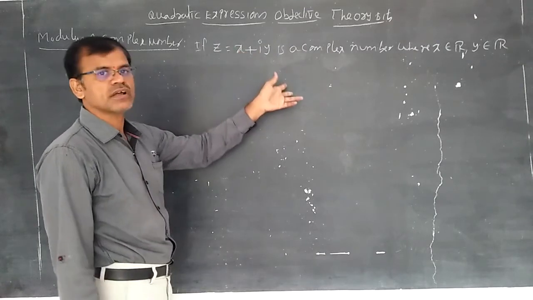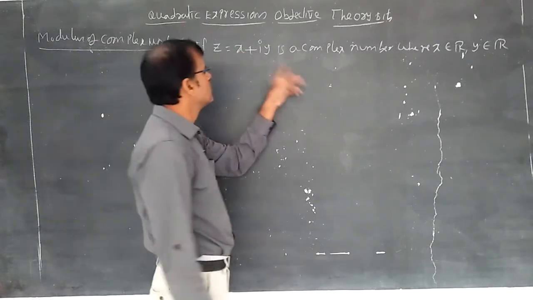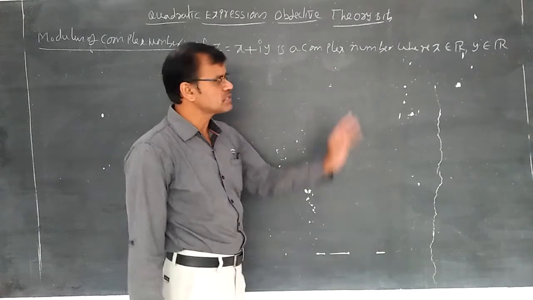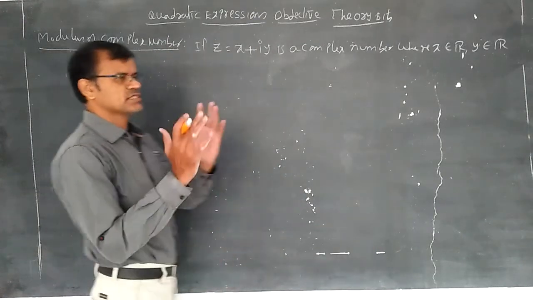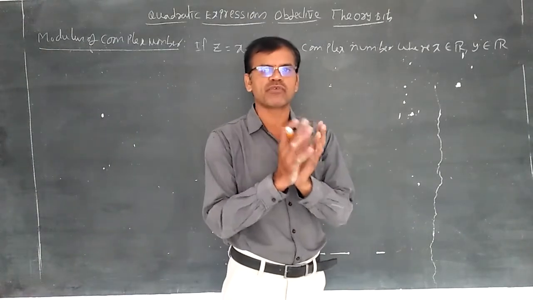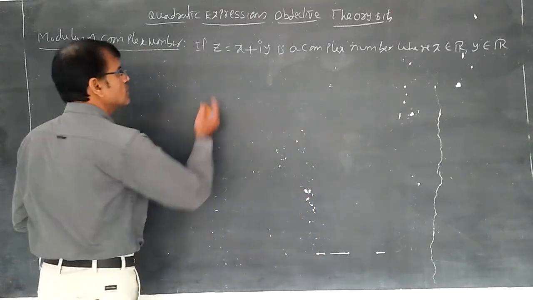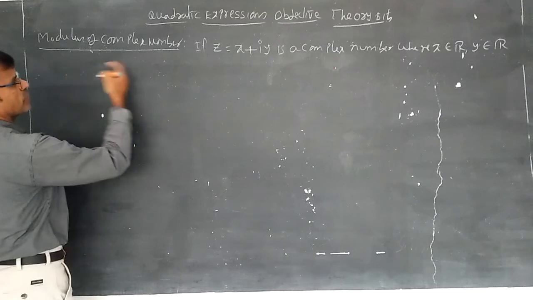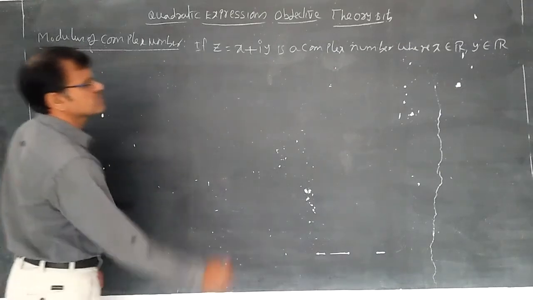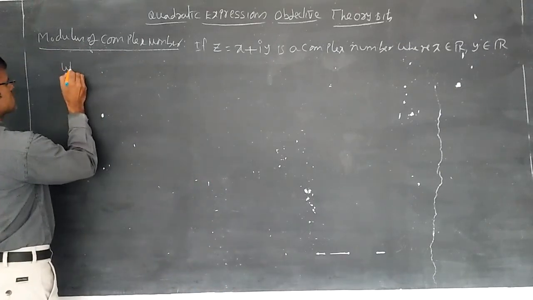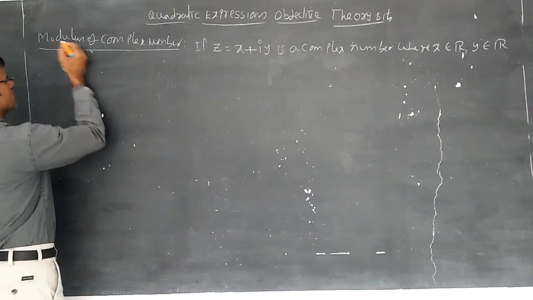The combination of two real parts along with the imaginary unit is called a complex number. Complex means many; it is a group of two or more real numbers.